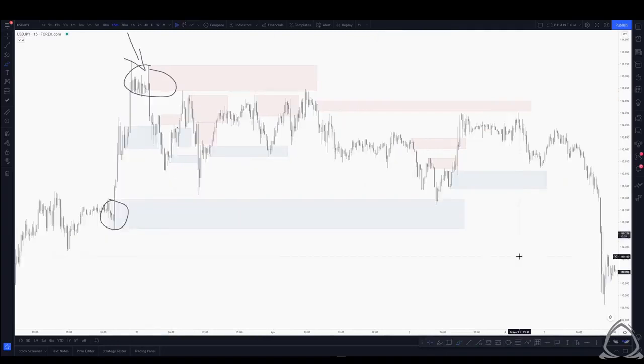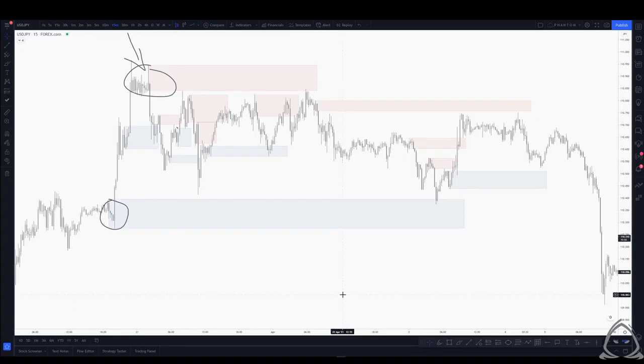Now, with that said, of course, continuation models are going to play out, but what your mind should be thinking is, if I know that the reversal models have a higher probability of playing out over the long term, and the continuation models are a little bit less likely to play out, you need to start to build trade ideas that base around reversal and then the initial continuation. Because as you get further up in an up move or further down in a down move, the more continuation models that play, the less likely that they are actually going to play out from a trade standpoint.